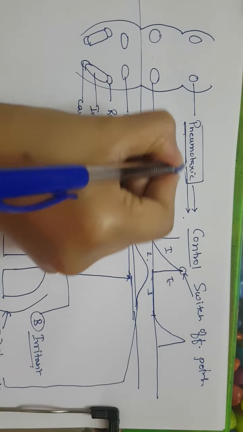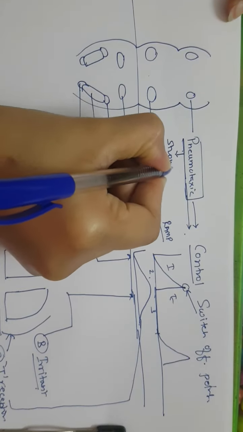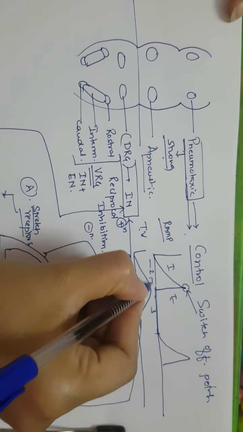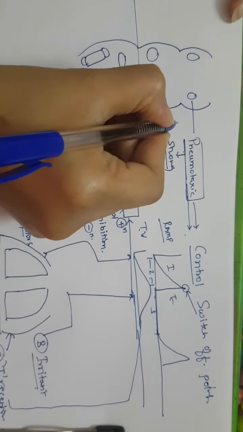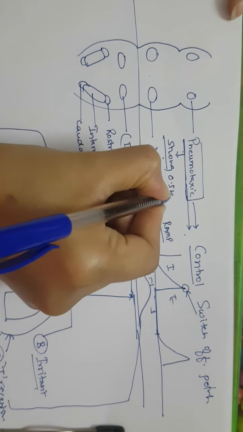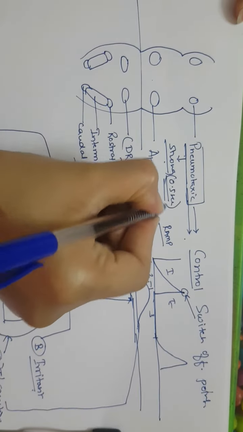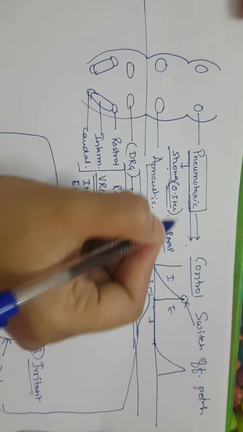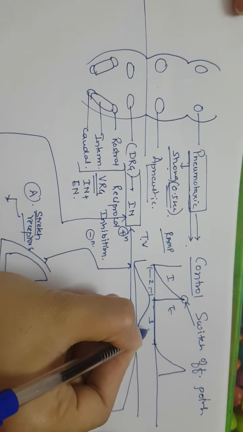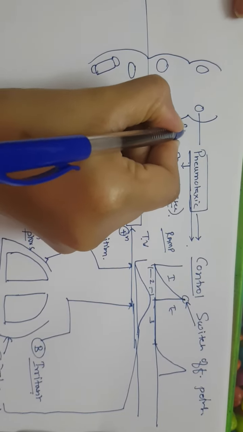So if pneumotaxic center is strong, it can reduce the duration of the inspiratory ramp signal from 2 seconds to 0.5 seconds. So up to 0.5 seconds it can reduce the inspiratory signals. If this duration is reduced, the respiratory rate will increase.